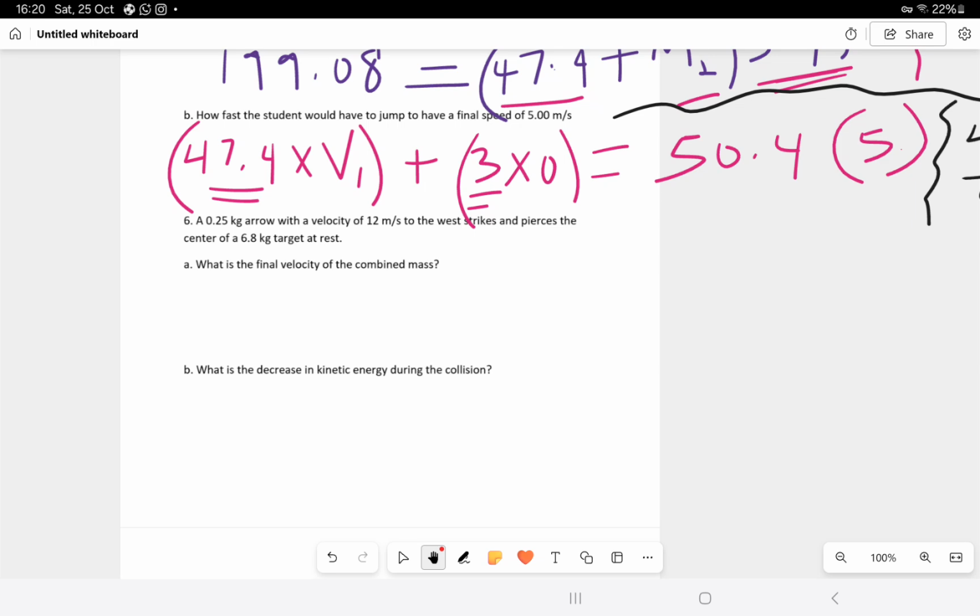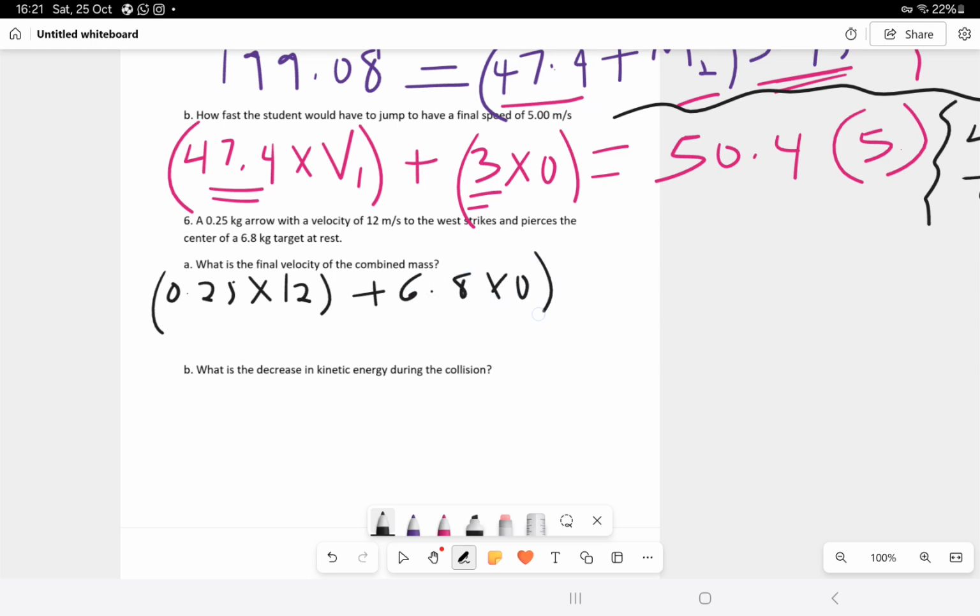M1 is 0.25, so I have 0.25 multiplied by the velocity, which is 12, plus the piece's 6.8 times 0, and this is equal to M1 plus M2, which is 7.05, multiplied by VC.